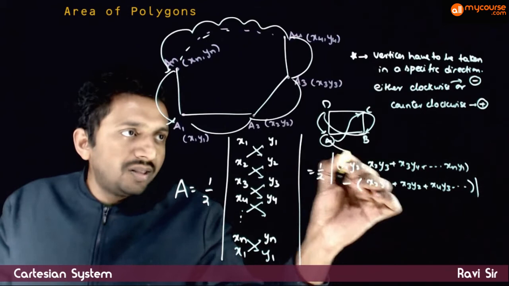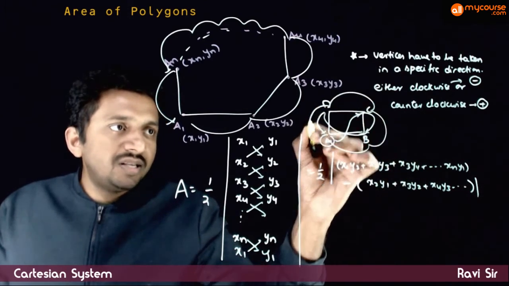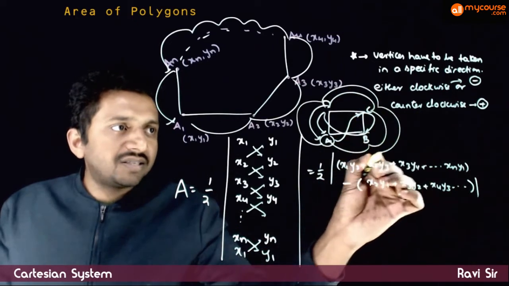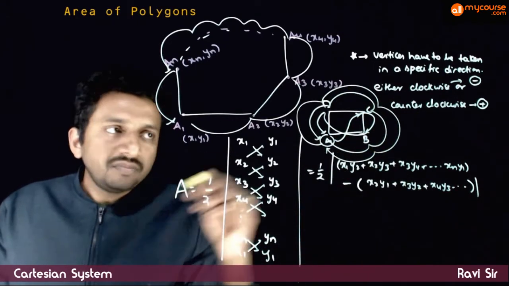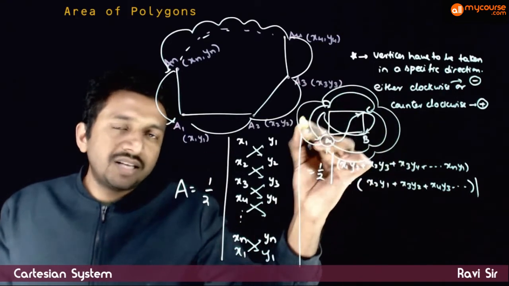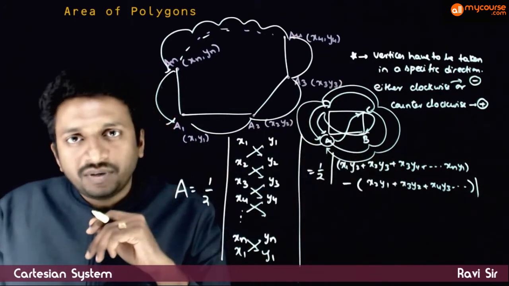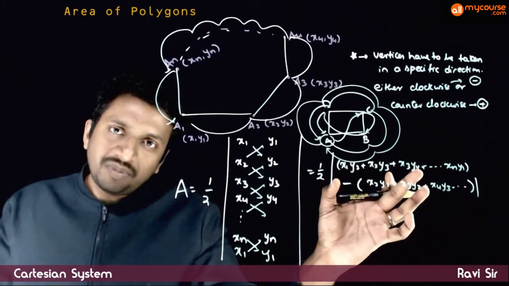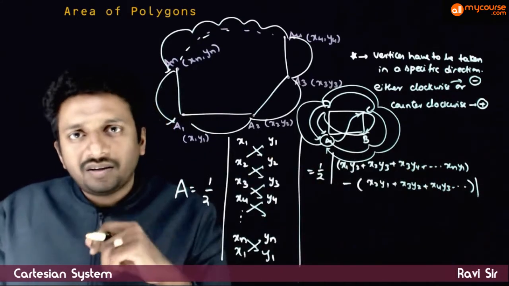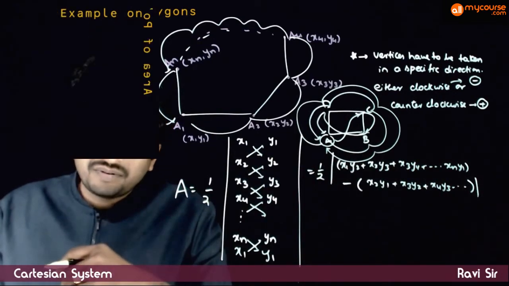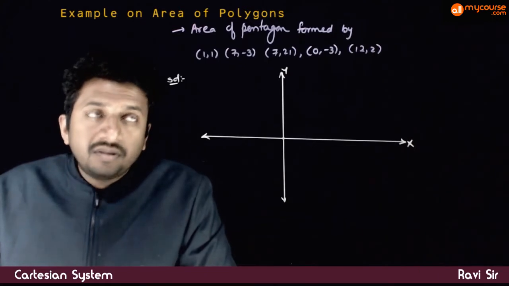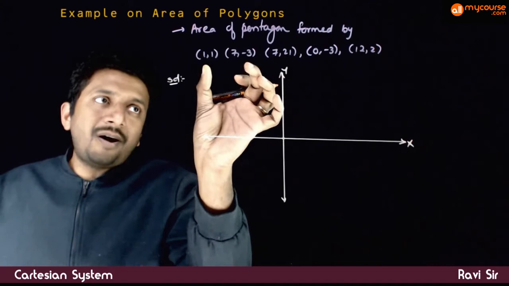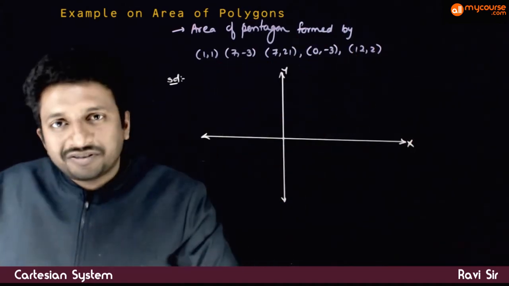So you can either go in this direction, A to B, B to C, C to D, back to A, or in the reverse direction. If you go in the counterclockwise direction, you directly get a positive number. If you go in the clockwise direction, you get a negative number, but once you take mod, that will become positive. In this question, you're asked to find the area of the pentagon formed by these 5 points.